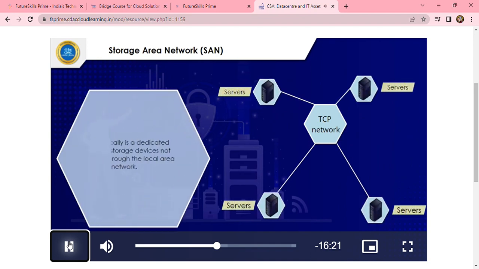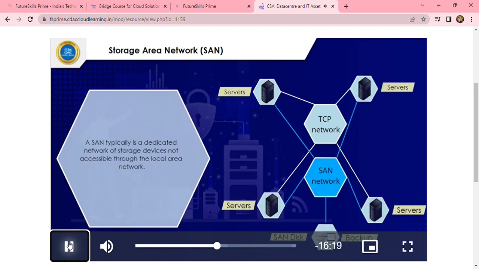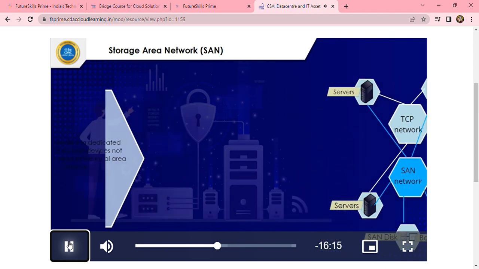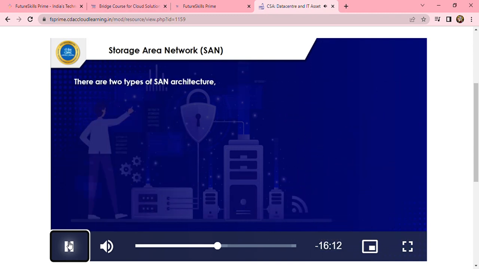A SAN typically is a dedicated network of storage devices not accessible through the local area network. There are two types of SAN architecture: storage-centric SAN architecture and network-centric SAN architecture.